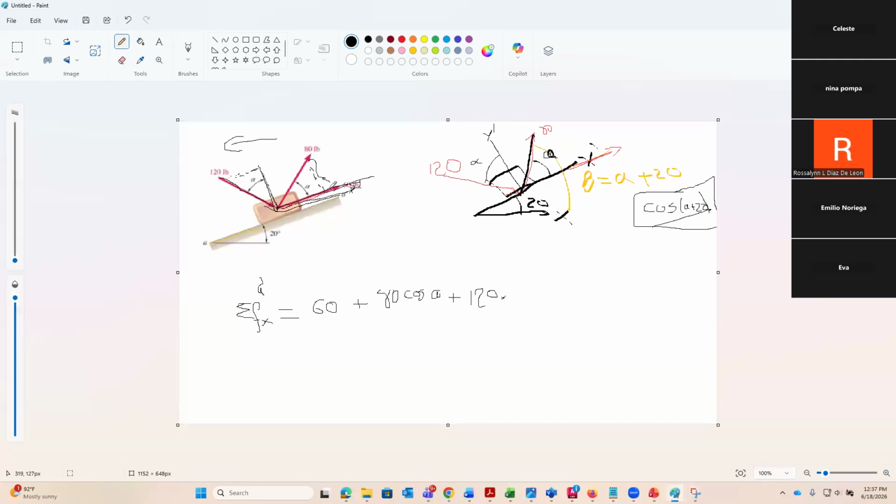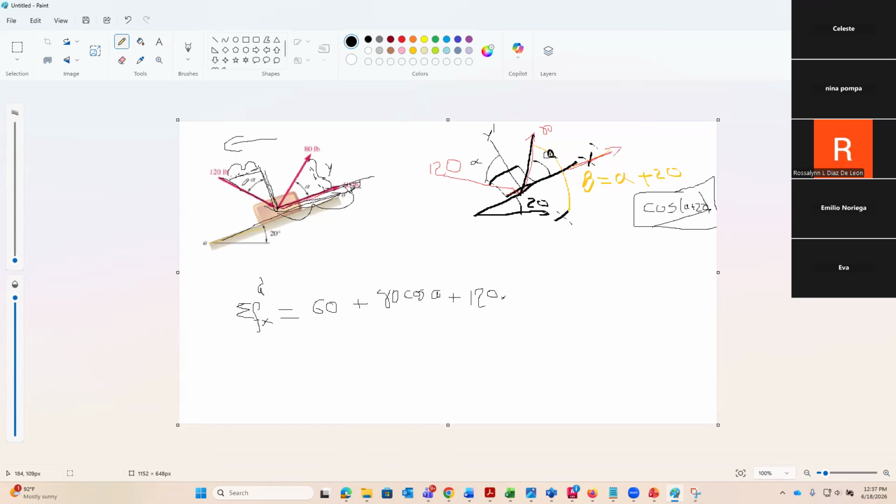This right here is the y component of 80 pounds. This right here is the x component of the 80 pound and the 60 pound. The 60 pound has no y component because it's completely perpendicular to y. This right here is the x component of the 120 pounds because it's parallel to the plane.